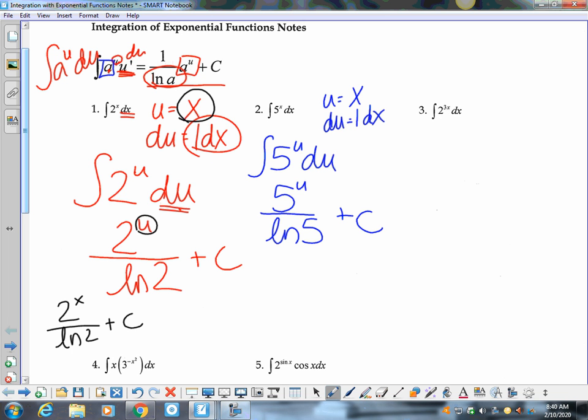Now put your u back in there. Okay, so that is as simple as they will ever get. So now look at number 3. We're adding a little bit of meat to the power. Okay? So what is your u?